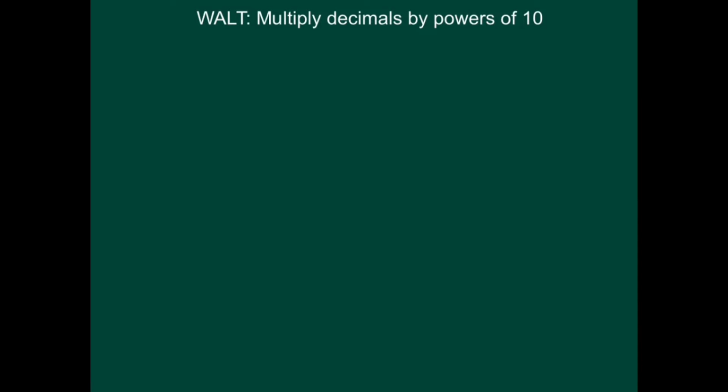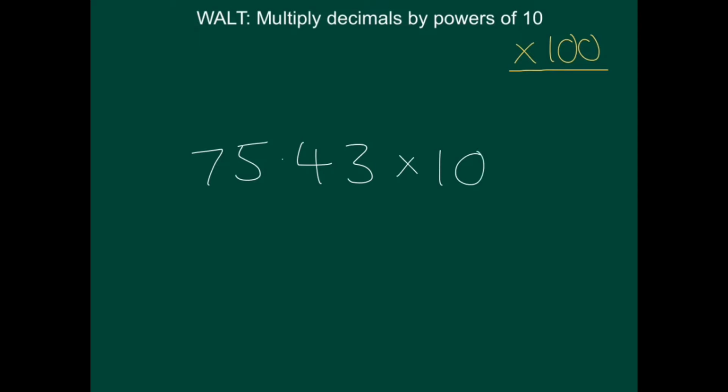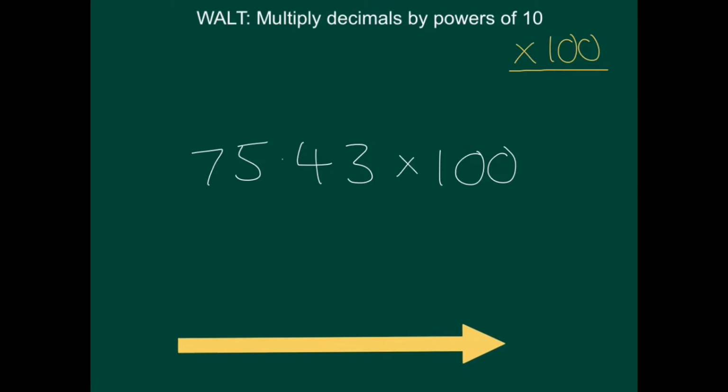Now let's try multiplying by another power of 10. Let's try multiplying by 100 now. Okay, let's just check out the number 75.43 times 100. Now it's the same deal as before. We're still moving to the right because we are multiplying. And in the number 100, we have two zeros now.